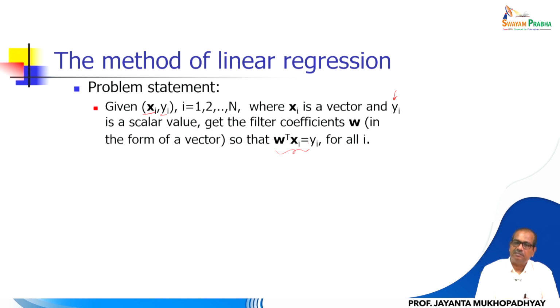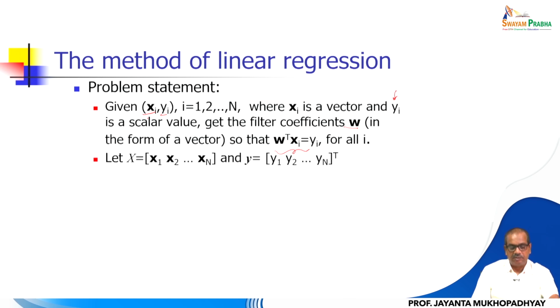You take the dot product of the coefficients w with this vector, or you can write it in matrix form as w transpose xi equals yi for all i. In general, we are assuming any values of yi in your problem domain. Let me represent this data in the form of a data matrix.